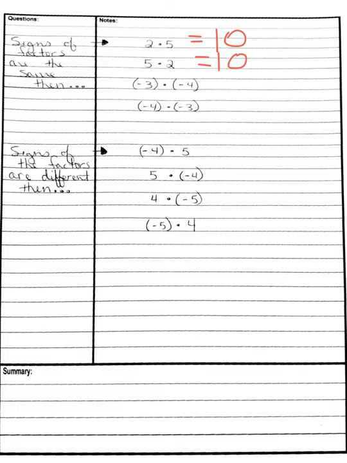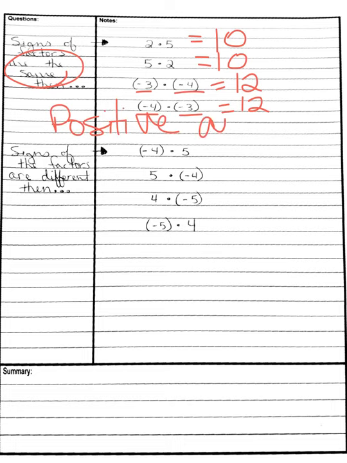Talk to me about what we just learned with a negative times a negative. So my signs are the same. I have a negative and a negative, and we just learned that our value will be positive. And again, the order we multiply doesn't matter because of the commutative property of multiplication. So a negative 4 and a negative 3 is going to be a positive. So if the signs are the same, we are going to have a positive answer.